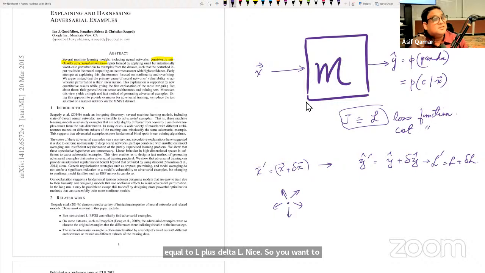But in which direction? Loss function is a function, right? It is a function, at this particular moment, of X and theta, L. Suppose the weights of the model you can't change because you're doing an adversarial attack. You don't have access to the weights.